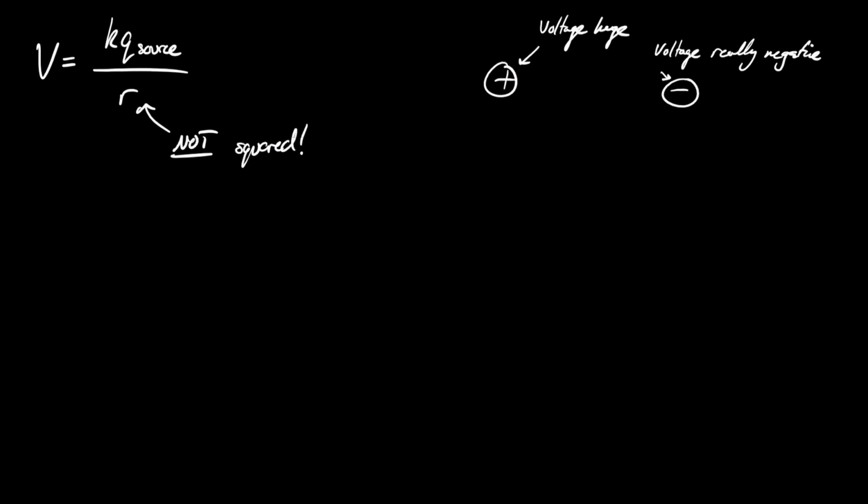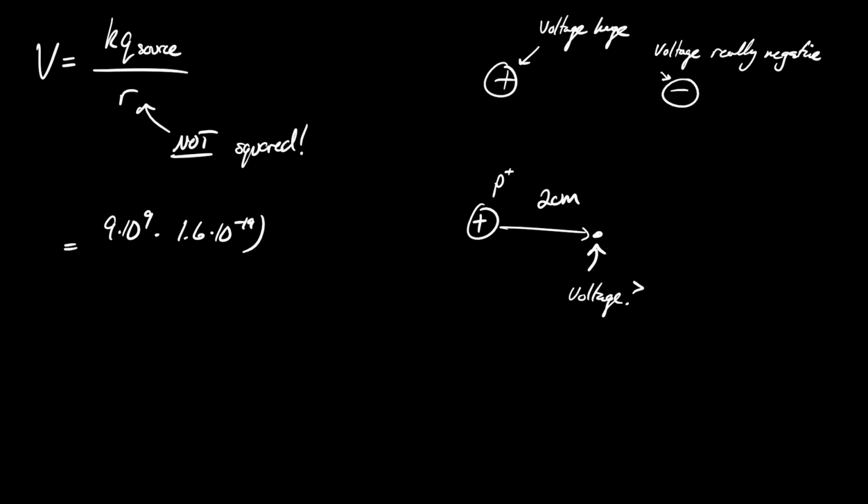As a quick example, this is really the exact same deal as the above two, just instead of using r squared, you use r. If you have a proton and a distance of 2 centimeters away, and you ask what's the voltage at this point, all you have to do is Coulomb's constant times the source charge divided by the distance.